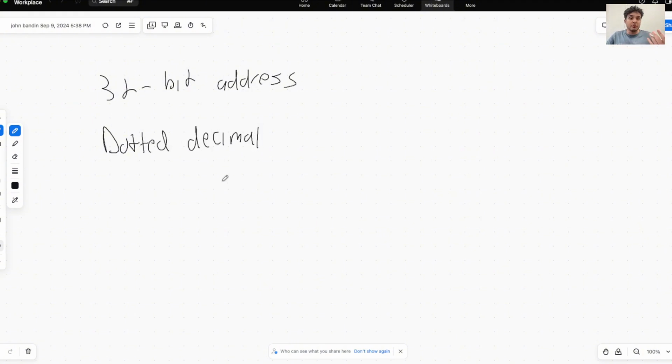So the human readable format as an IP address, which you may be used to, probably looks something like this. And this is what we call dotted decimal. Now each number here is going to be 0 through 255. That's the range. And it's called an octet. And it's always separated by a dot or a period.